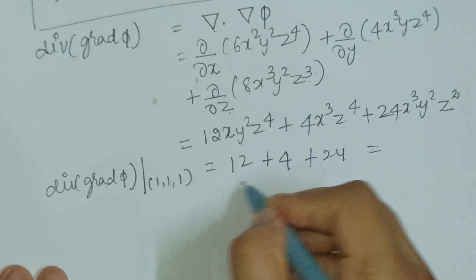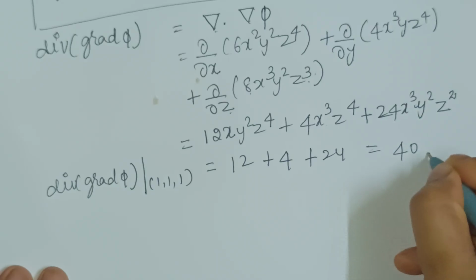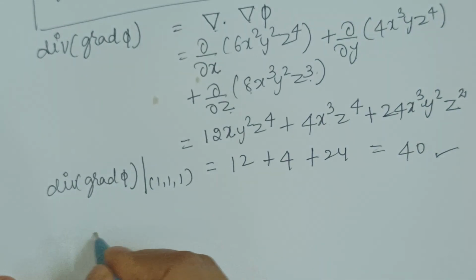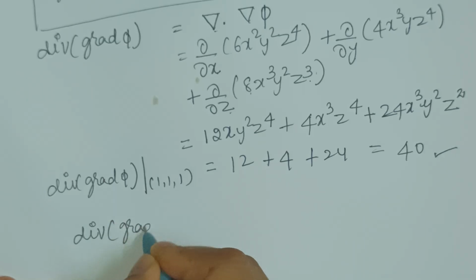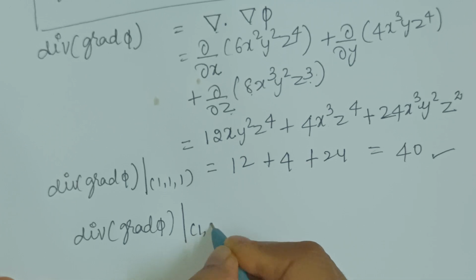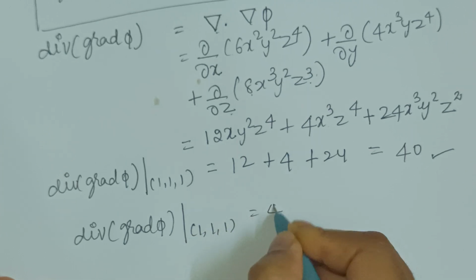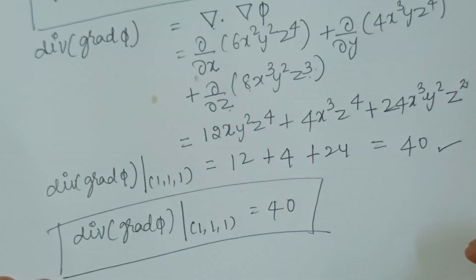So if you add this all up, this is going to be 40. So divergence of grad phi at the point (1, 1, 1) is equal to 40. See, this is how simple it is.